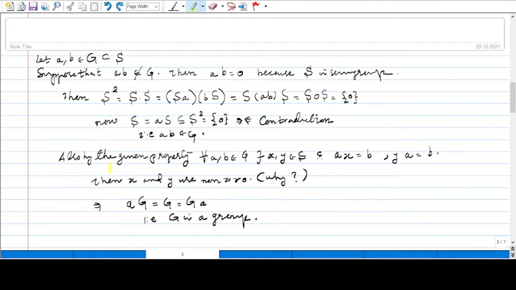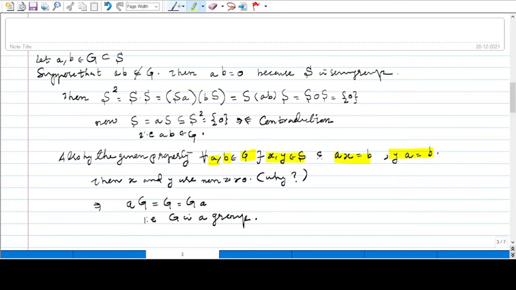Now you have to observe a little. Also by the given property, what is the given property? AS equals S equals SA for any A. So I am taking A and B belonging to G, then I will get X and Y in S such that AX equals B and YA equals B. How do I get this?